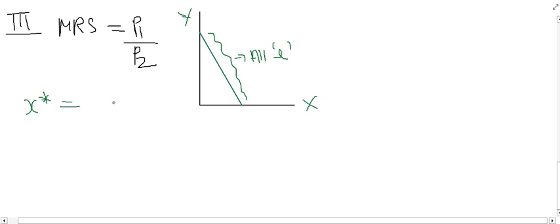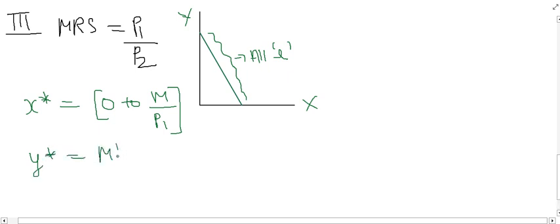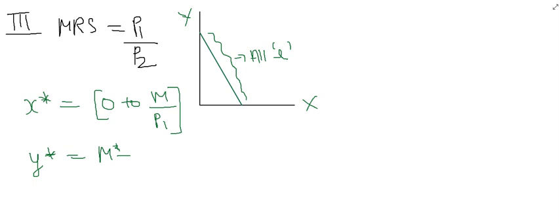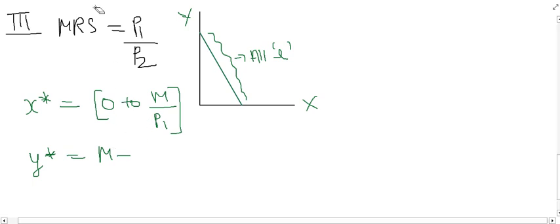X star would be anything from 0 to all of X, that would be M by P1, and Y star would be the income left after consuming good X divided by P2, that is M minus P1 X star upon P2.